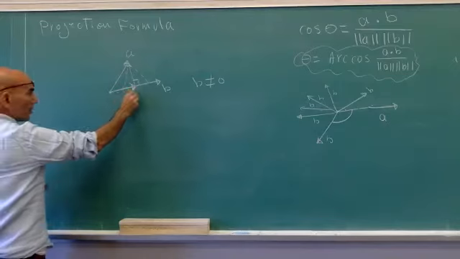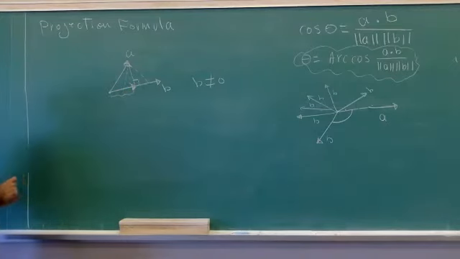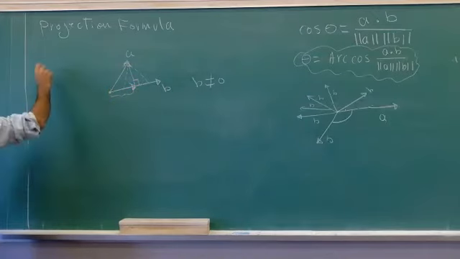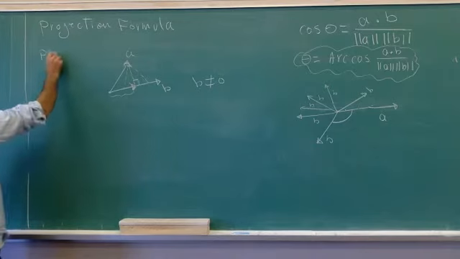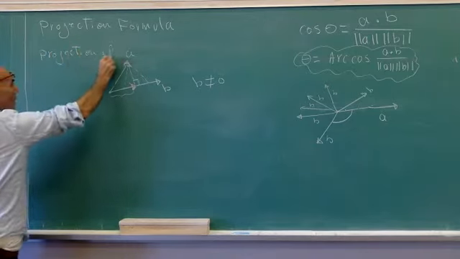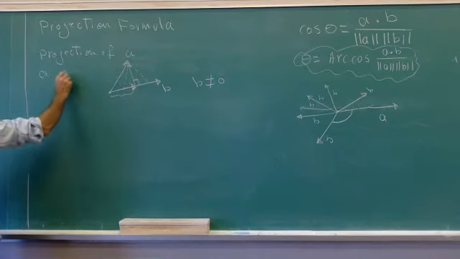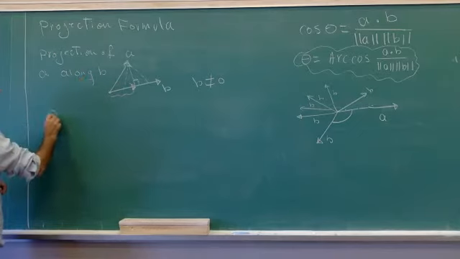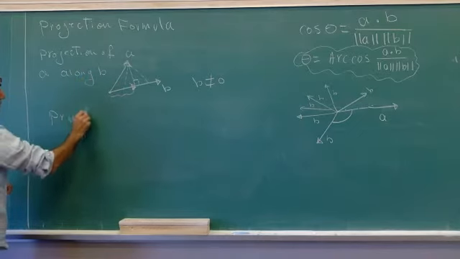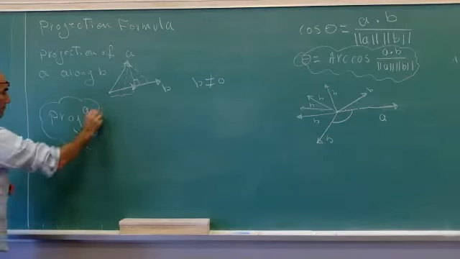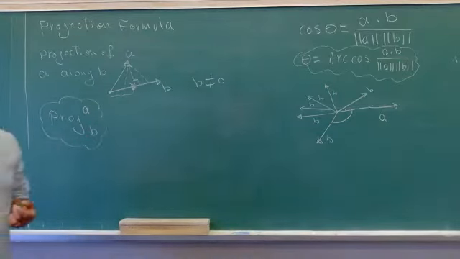So this vector has a name. It's called the projection of A along or onto B. So it's denoted by this notation.